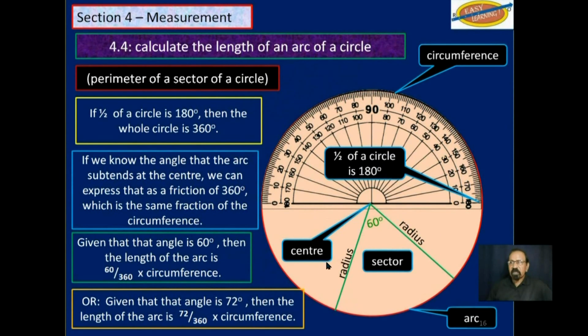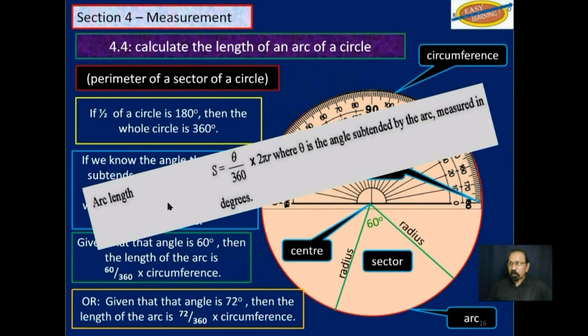So everything you see on the slide here, we just did. But please note that this is from your syllabus, where it says arc length, and the symbol for arc length is an uppercase S, is equal to the angle over 360 multiplied by 2 pi r, and they tell you what that angle is.